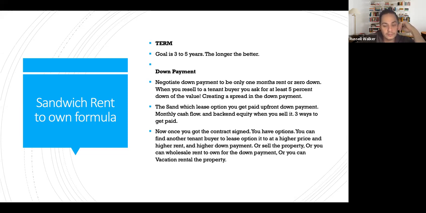There's 40,000 in equity, and we know the Airbnb is going to make like 1,500 to 2,000 a month. We'll put it on the MLS right away for sale. So if it sells, we can make 40,000 in profit. If it doesn't sell, we're making 2,000 a month in cash flow at the same time. So this strategy is basically like you own the house, right?